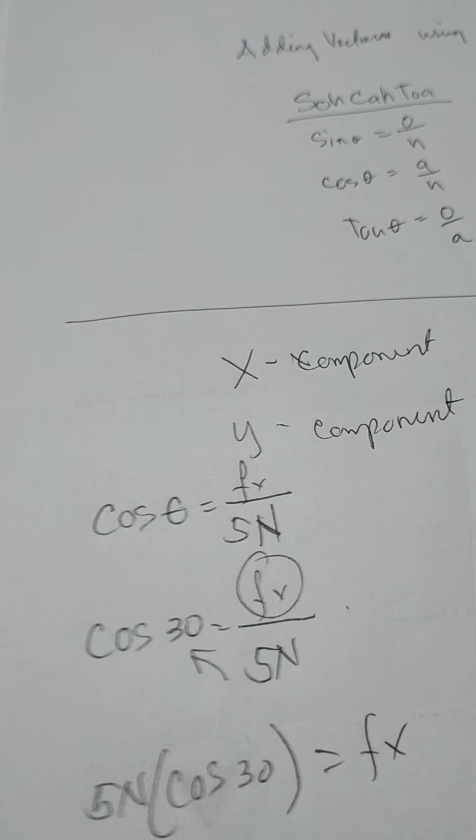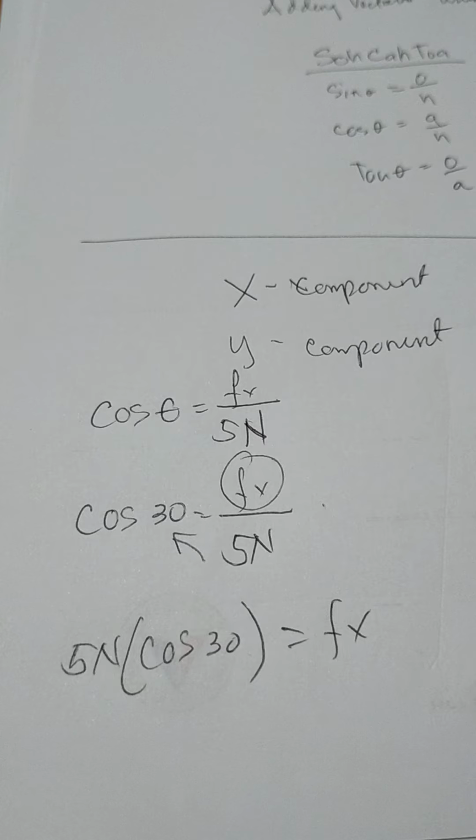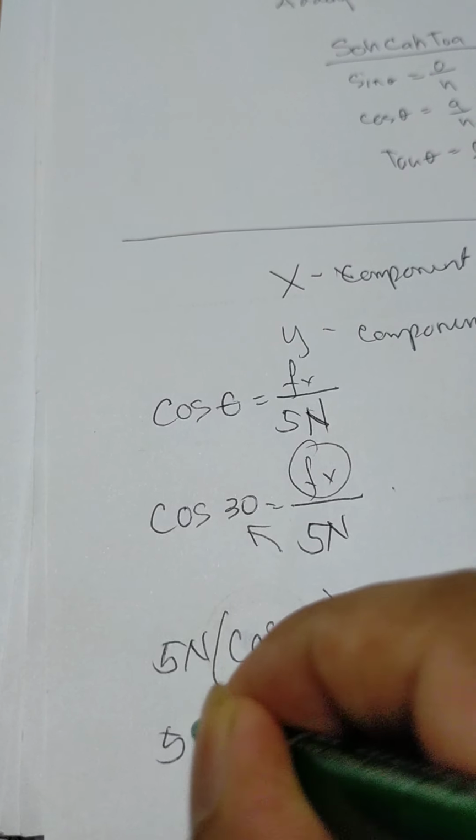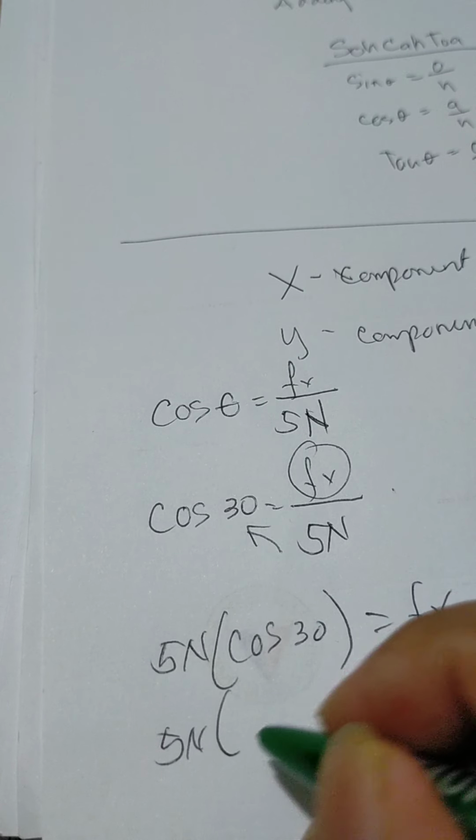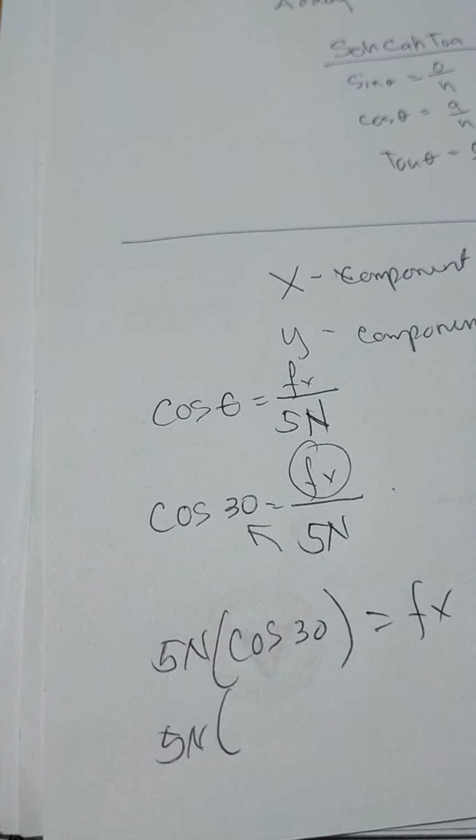So the value of cosine 30 is, so 5 Newton times cosine 30. It's 30 pala, I thought it was 35, it's 30, class.